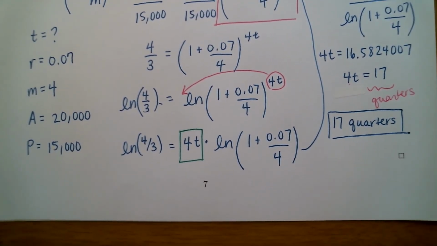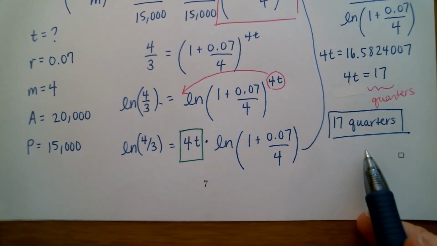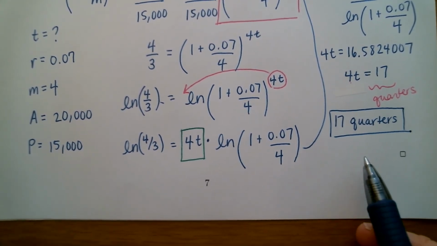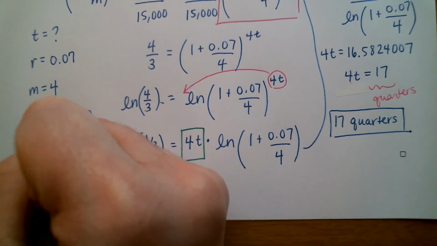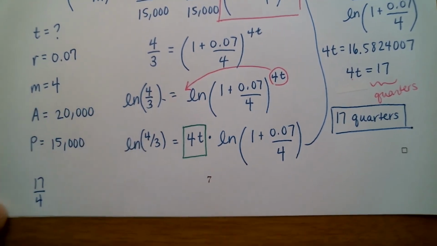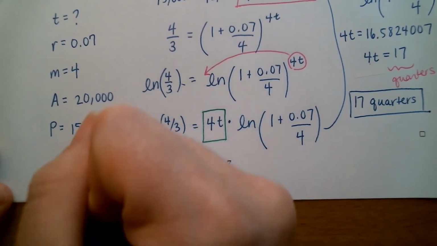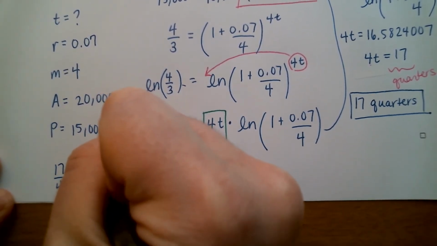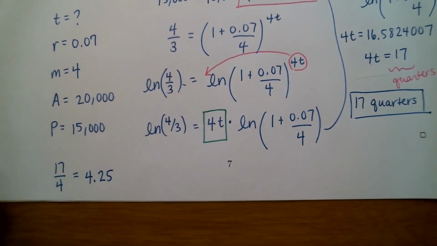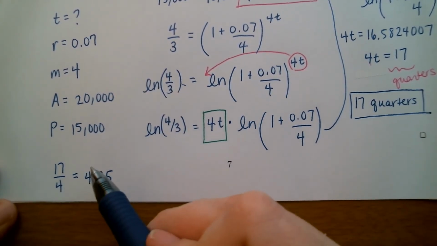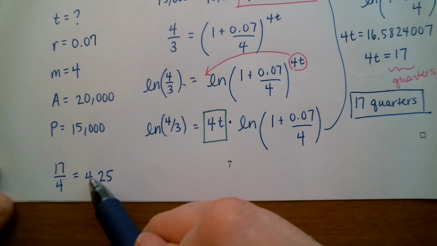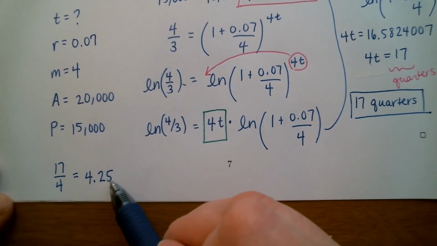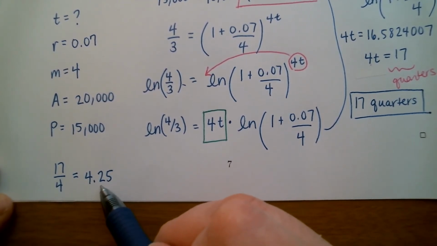So we're dealing with 17 quarters. That's how long it's going to take the $15,000 to grow to be 20,000. We're going to take 17 and divide by 4, because that's the number of quarters in 1 year. If you do that on your calculator, you get 4.25. What this whole number means is 4 whole years, and then 0.25 is what's left over.